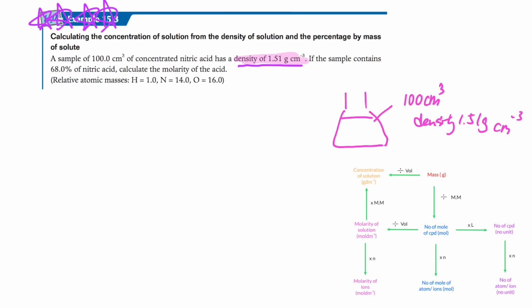Do remember that one of the functions of density is to allow you to find the mass. With volume and density together you can get the mass, because density equals mass over volume.